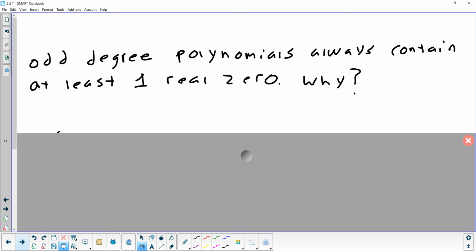So another way for me to ask this question is, why do odd degree polynomials always cross the x-axis at least one time? Anybody remember why? Evens don't. Think of a parabola. I can definitely draw a parabola that never crosses the x-axis. But an odd degree polynomial swerves, going up and down.